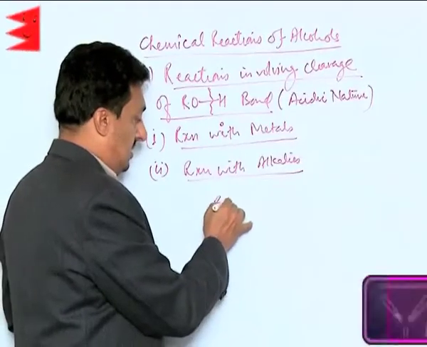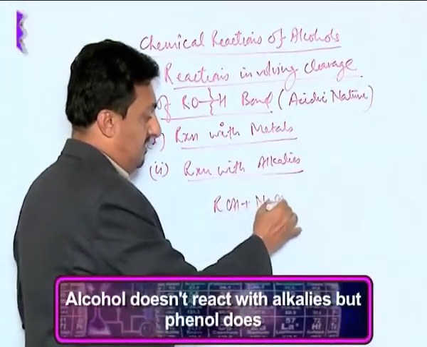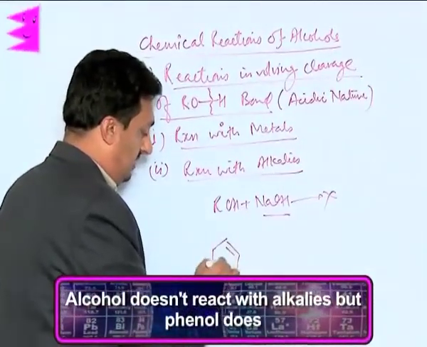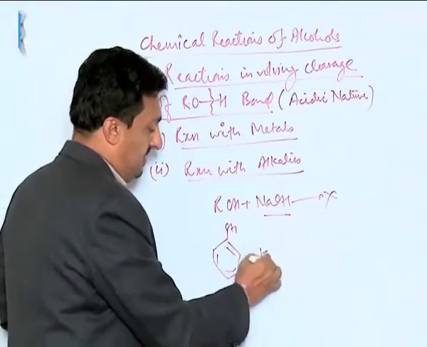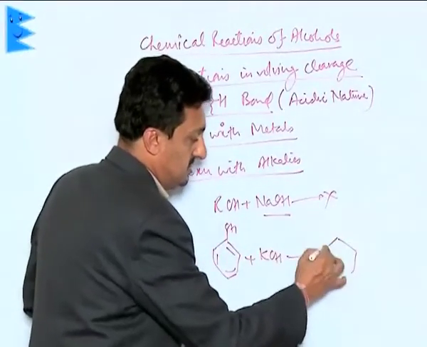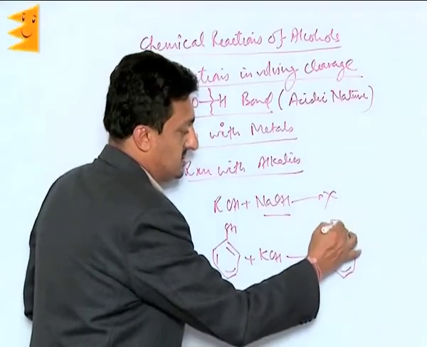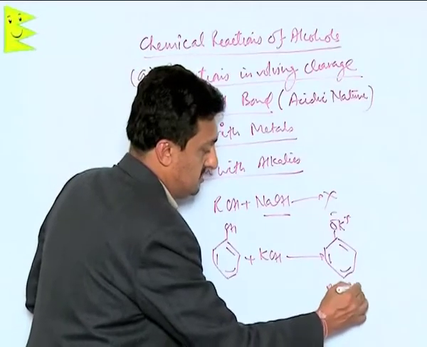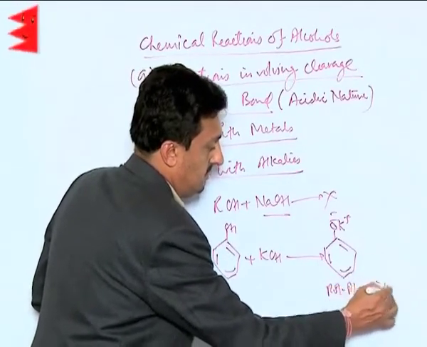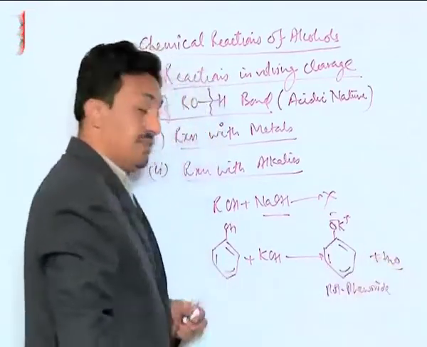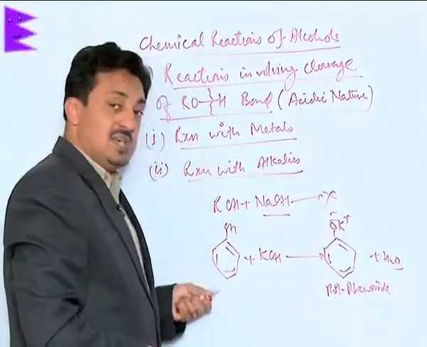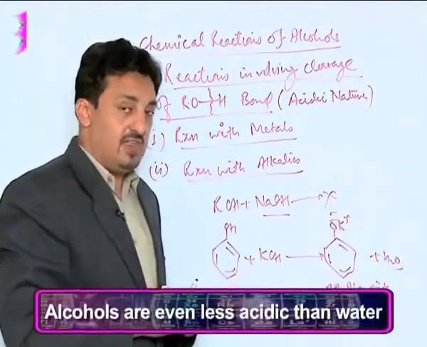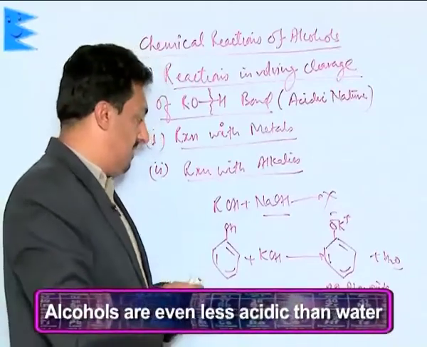Alcohols don't react with alkalis like NaOH, but the moment we take phenol and react it with alkalis like NaOH or KOH, what we get is, in this case, potassium phenoxide and water. So this shows that phenols are more acidic than alcohols, and alcohols are acidic, but they are not very strong acids.